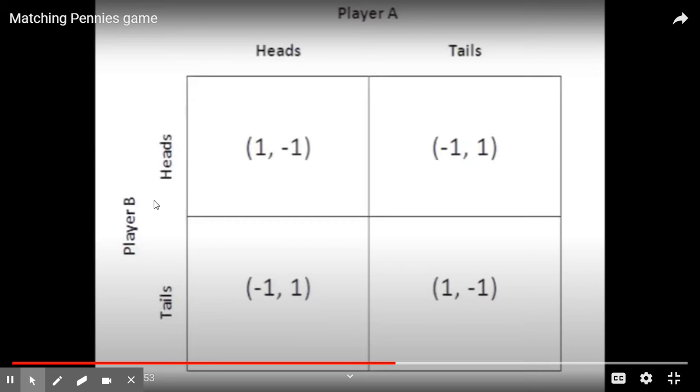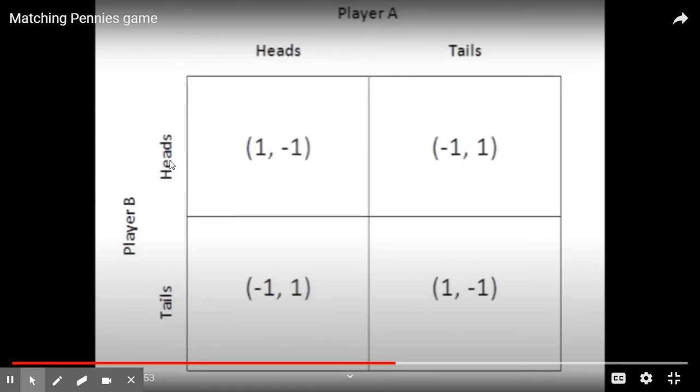Whenever player B chooses head, player A has two options, whether to choose head or tail. As you know, here player A has the second payoffs, and player B has the first payoffs. So this is about the win and lose game.